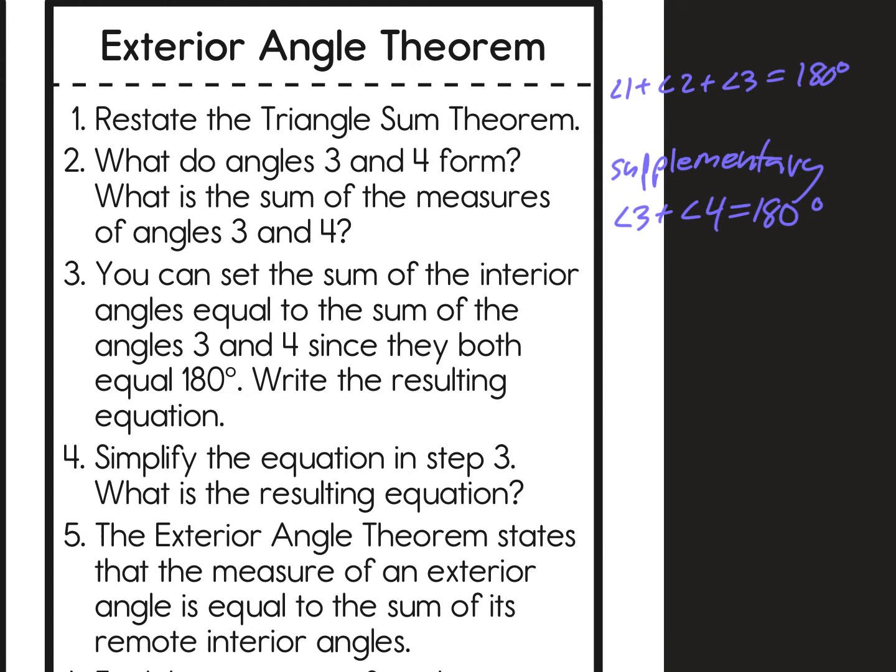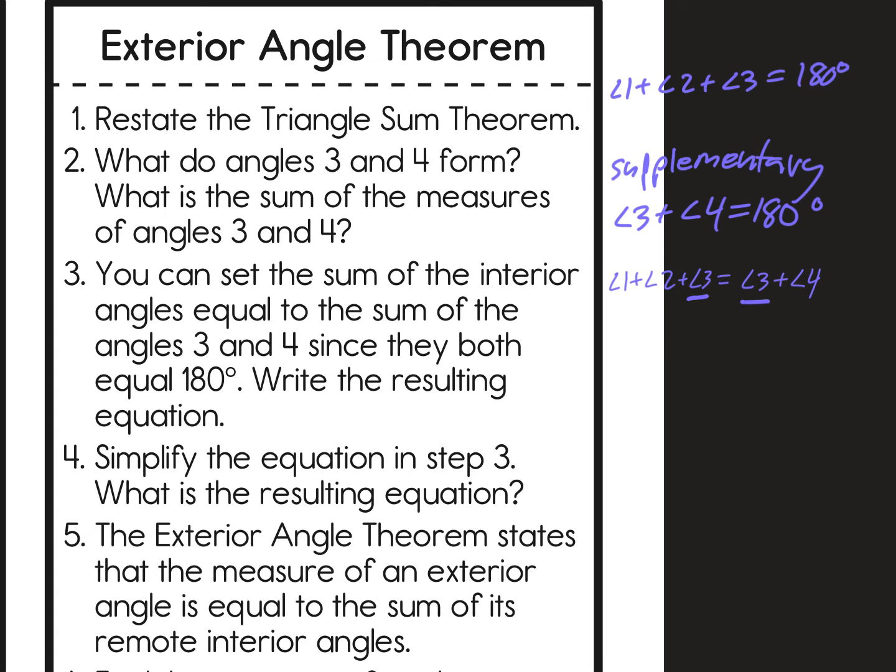Since both equations have the sum of angles equal to 180 degrees, that means that angle 1 plus angle 2 plus angle 3 must be equal to angle 3 plus angle 4. Notice how this equation has angle 3 on both sides.